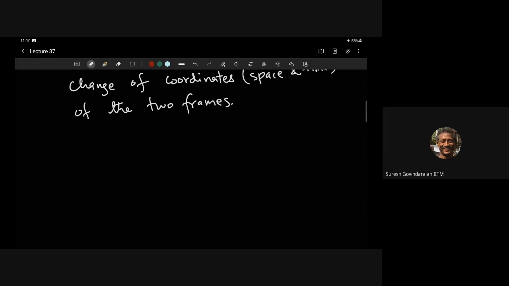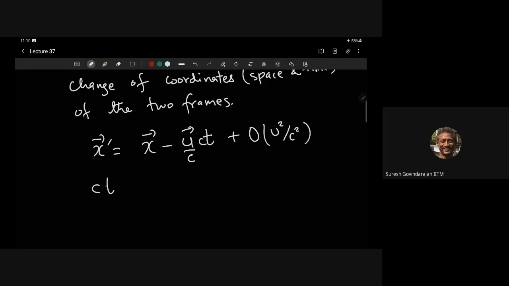Okay, very good. So what we will do is we will write x prime equal to x minus u t plus. Now this is what I was explaining last lecture, that there could be corrections of the order of u square by c square. We can also make it like this, so ct has dimensions of length. So we can also write ct prime will be equal to ct.